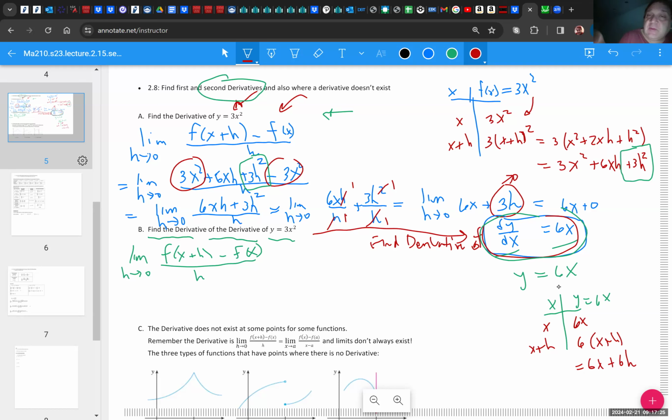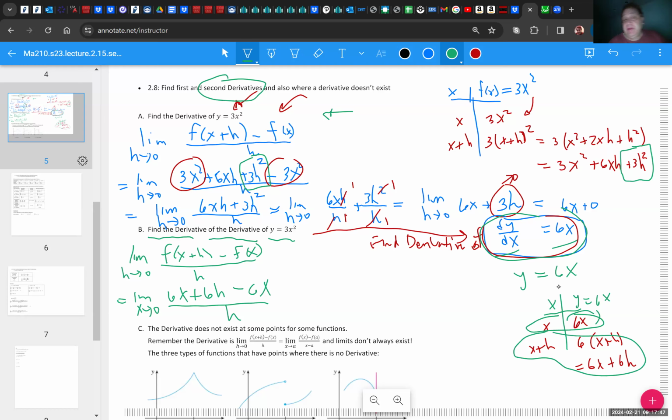And then just like before, I'm going to put those things into my formula here. f of x plus h is 6x plus 6h. f of x right here is 6x. And this is divided by h. So I'm just taking these values for x and x plus h and putting them into my difference quotient formula.